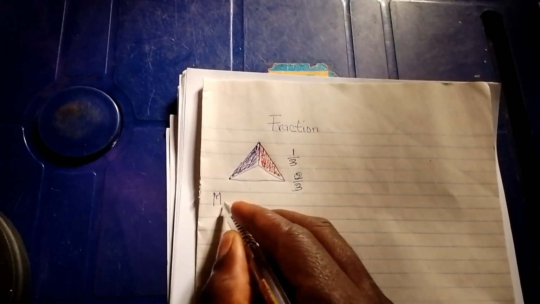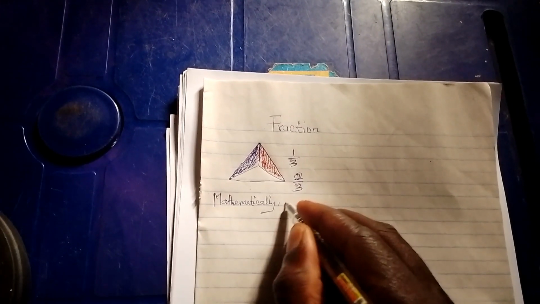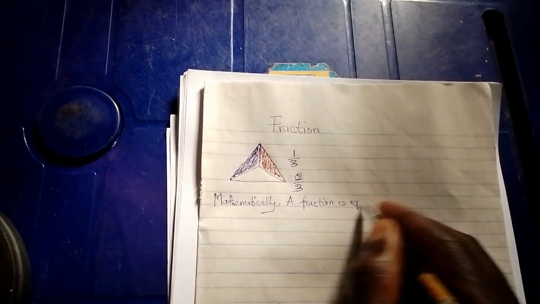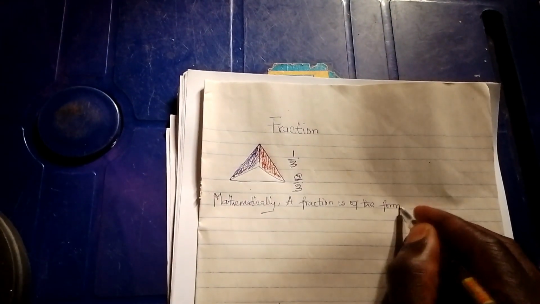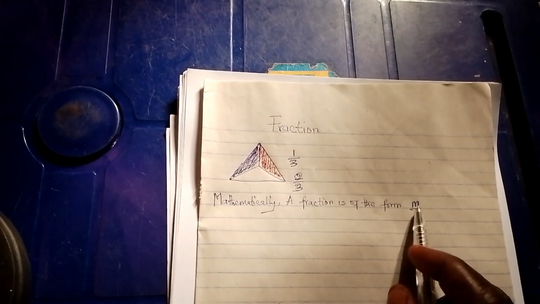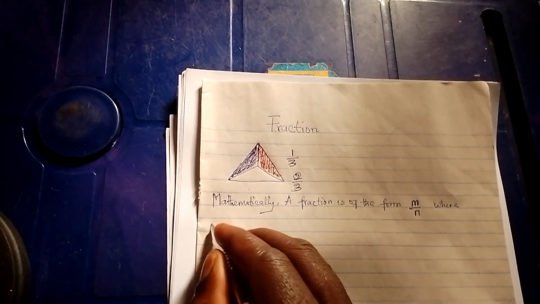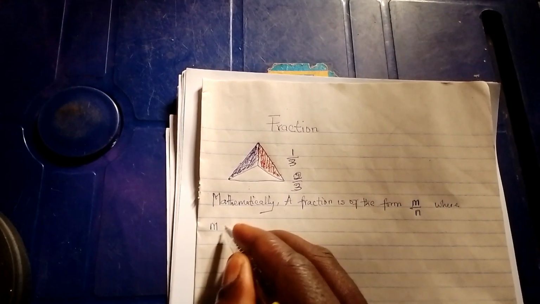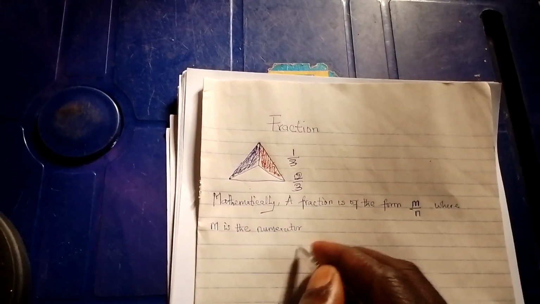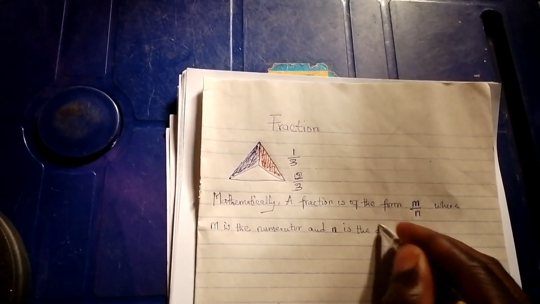So mathematically, how do we state fraction? Mathematically, a fraction is of the form m all over n, where m is the numerator and n is the denominator.